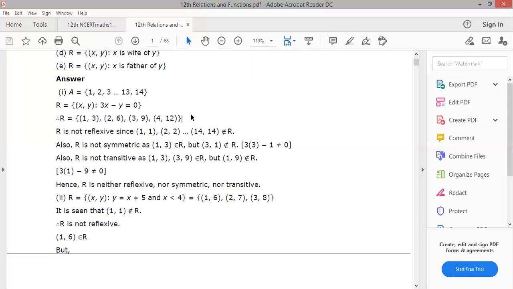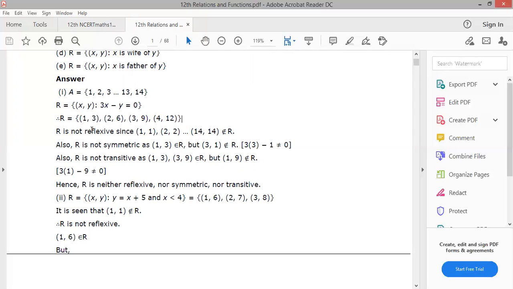Now this relation can be examined for reflexivity. This relation is not reflexive because there is no (1, 1), no (2, 2), no (3, 3), and so on. So this is not reflexive. Is it symmetric? We will check. (1, 3) belongs to this relation, but (3, 1) does not belong to this relation, and so on.